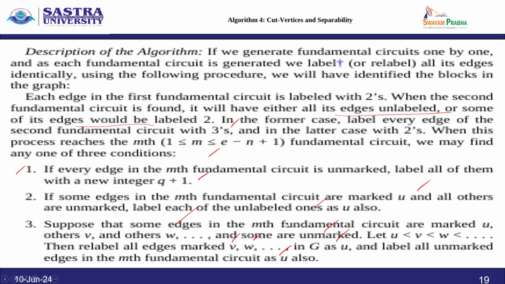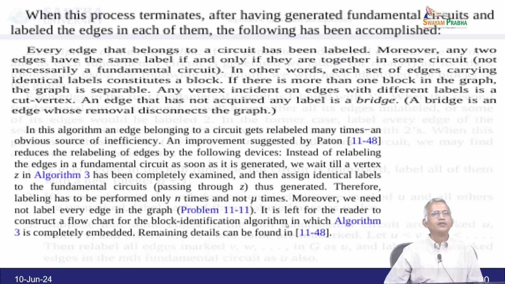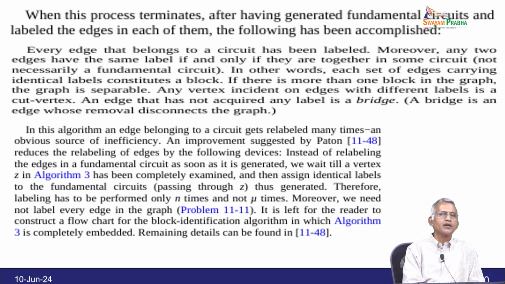So, these are the steps you have to do, and when this process terminates, after having generated the fundamental circuits and labeled the edges in each of them, the following has been accomplished. Every edge that belongs to a circuit has been labeled. Moreover, any two edges have the same label if and only if they are together in the same circuit. In other words, each set of edges carrying the identical label constitutes a block.